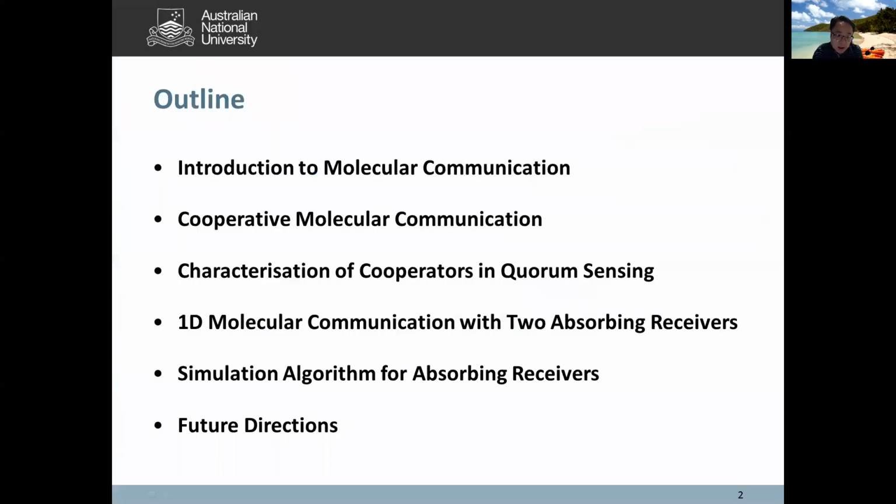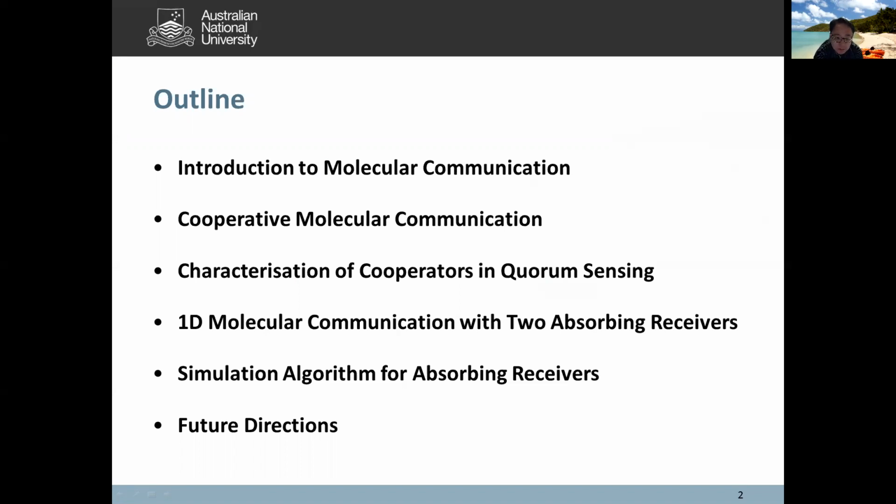So here is the outline of my talk today. First, I will give a brief introduction to molecular communication for the sake of completeness. And after that, I'm going to introduce several of my existing research contributions in molecular communication. In section 2, I'm going to introduce two of my research works in cooperative molecular communication. After that, I'm going to talk about how we characterize the number and behavior of cooperators in quorum sensing.